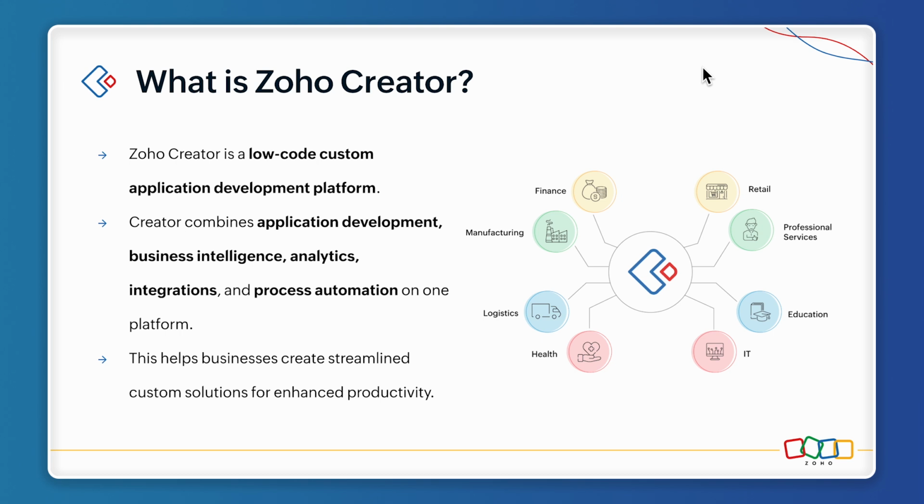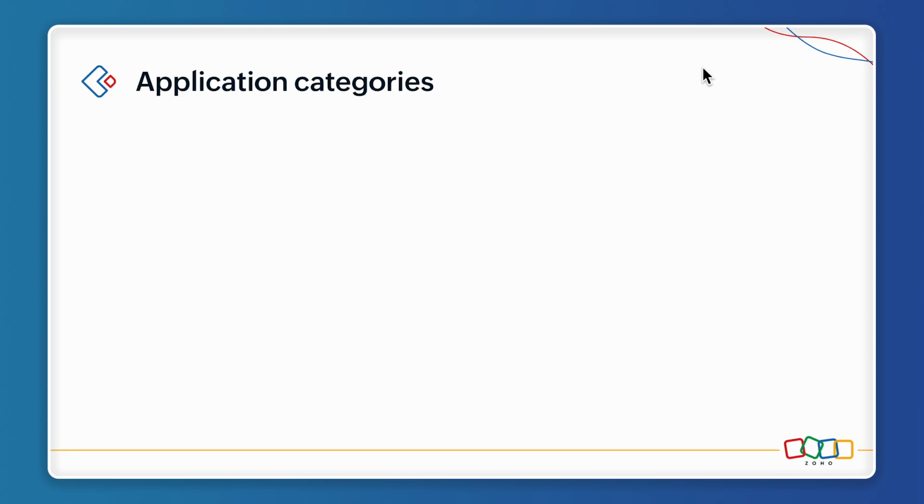On the right side, you can see an image representing Zoho Creator and how it can fit into different industries. Whenever we build a solution in Creator, it can be categorized under something called an application category.